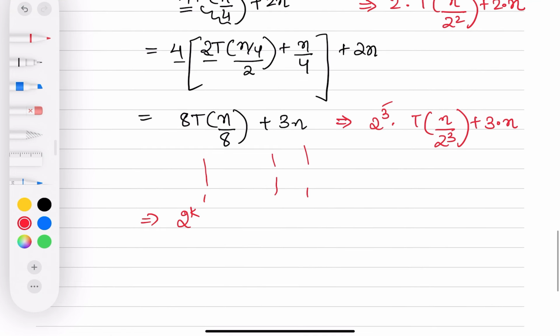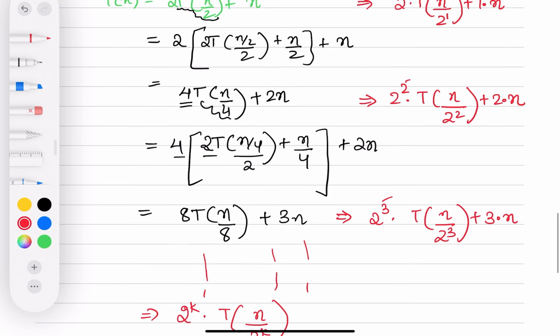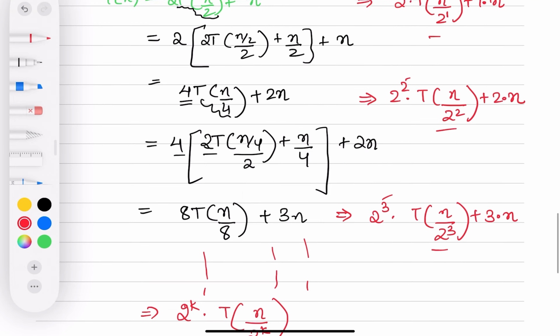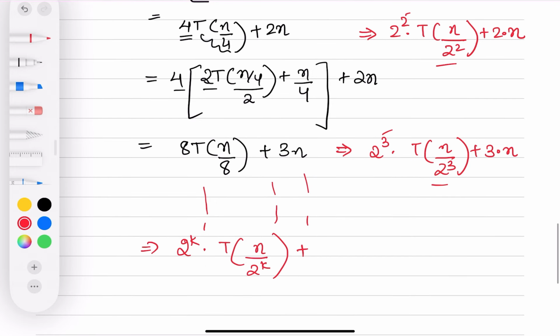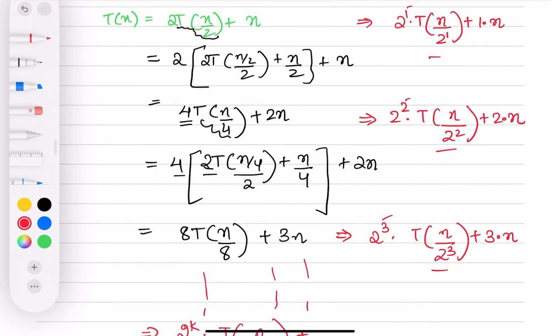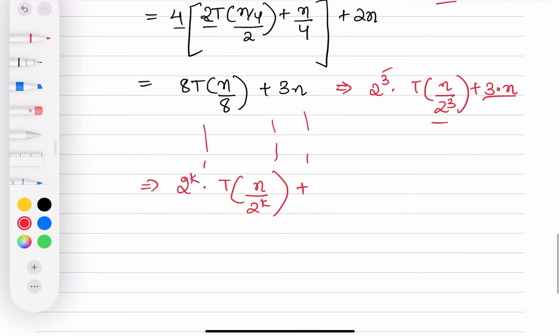So 2 power k multiplied by t(n/2 power k), plus, if you see 1·n, 2·n, 3·n, can I write k·n? Are you able to? So this is your t of n in a general term.